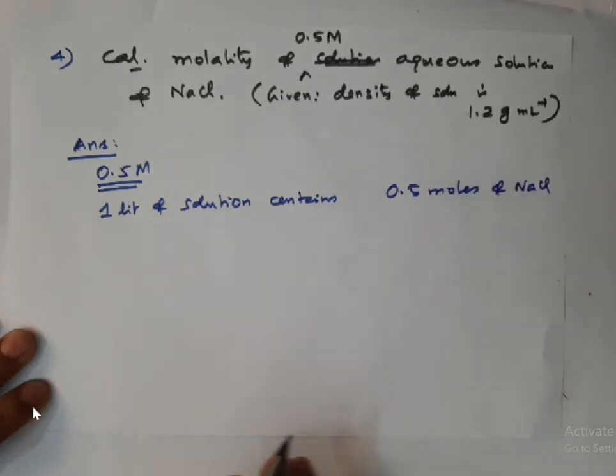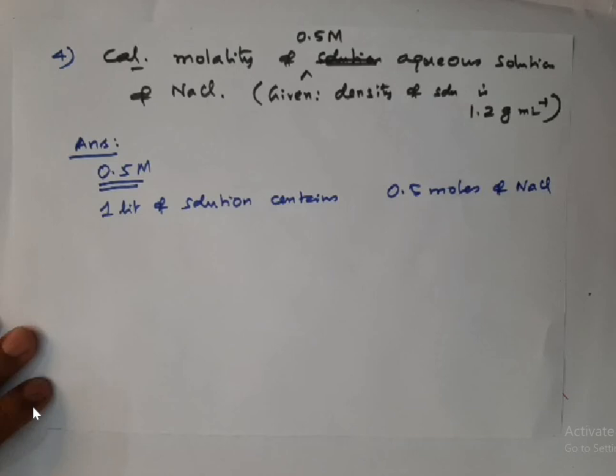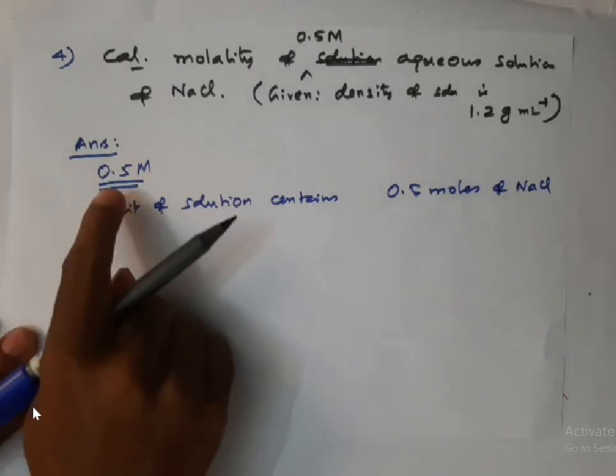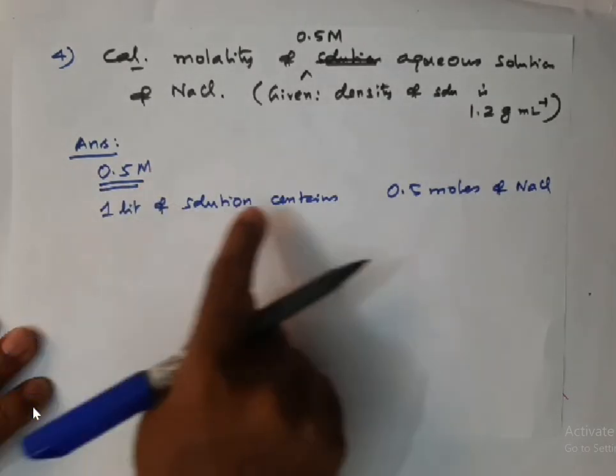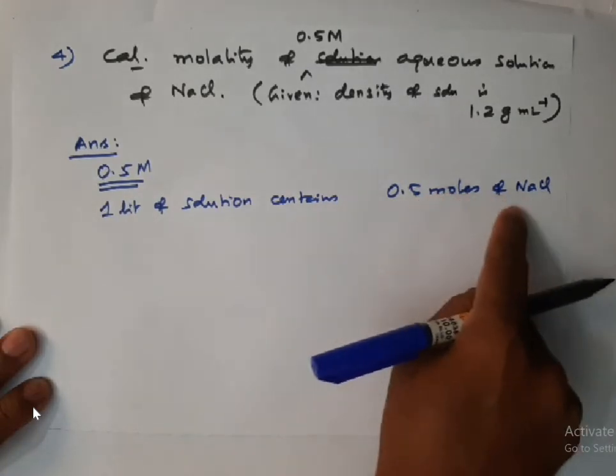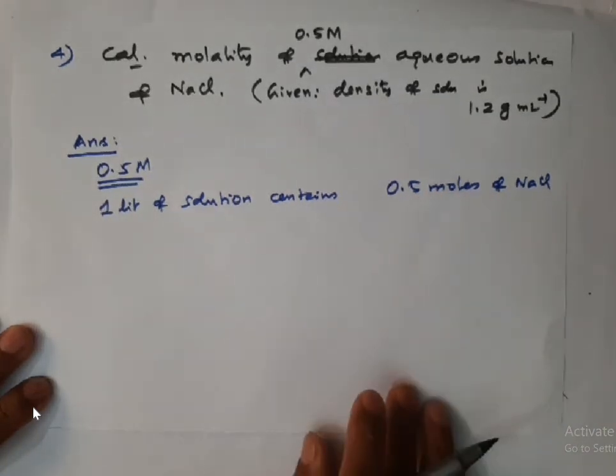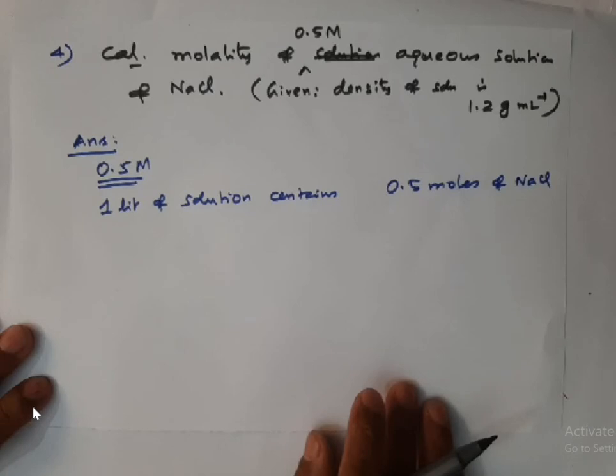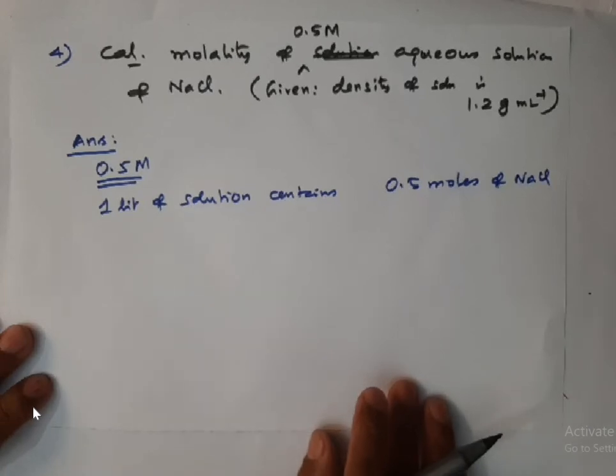Am I right? Just now I told you: M molarity means M moles. 0.5 molarity means 1 liter of solution contains 0.5 moles of sodium chloride. Is this clear, students? Yes, sir.